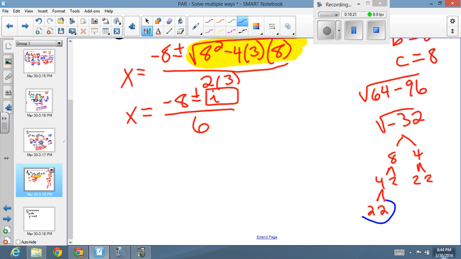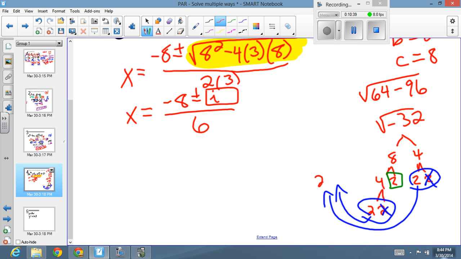So here I have a pair, one breaks out, one knocked off. Here I have a pair, one breaks out, one knocked off. And then I have one lonely 2 here that's left under the radical, can't break out. So I had 2 times 2 broke out, so that's 4 radical 2.